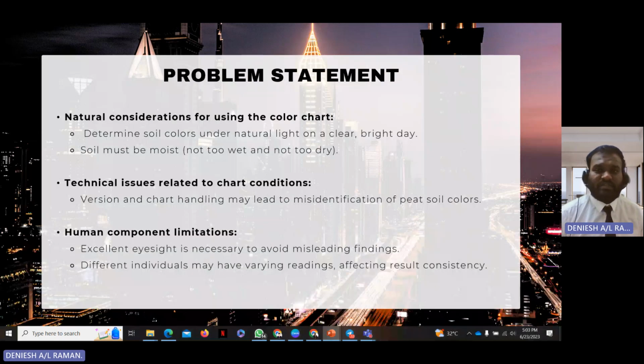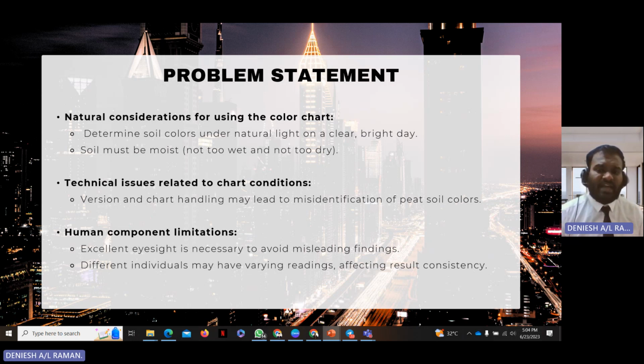So next we jump to the problem statement. Let's address the challenges associated with using the color chart in soil analysis. Firstly, determining the soil color under natural light at optimal moisture condition can be tricky. Lighting conditions affect our perception of the color, and the soil must have the right moisture balance for accurate color assessment.